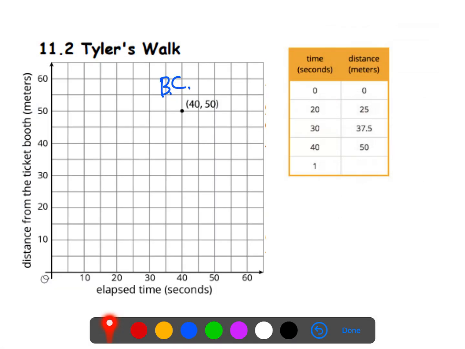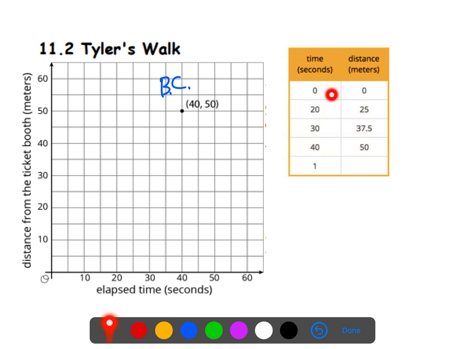Now, the second part, B, says the table represents Tyler's walk, and it shows the values of time and distance. Complete the table. Most of that is done for us. You can see one missing part here, and it's connected to 1 second of time. So I can see our point that's already there on the graph and several other points.